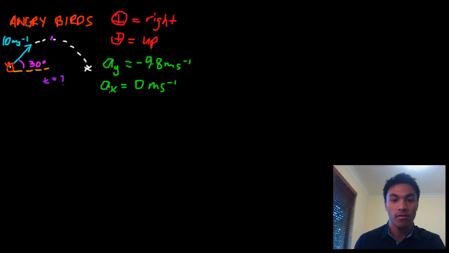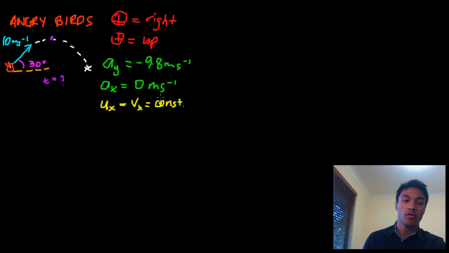We know that the initial velocity in the x direction is going to be the same as the final, because remember, our velocity in the x direction is constant.